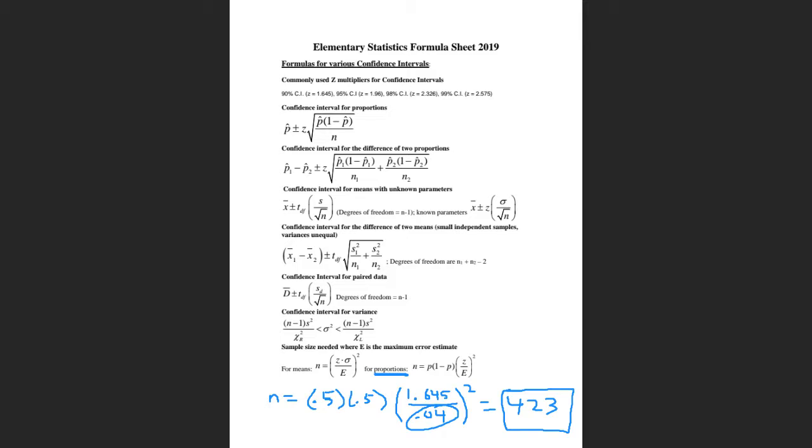If you want to estimate the difference between proportions of men and women who use smartphones, assume that you want 90% confidence that your error is no more than 0.04. Go ahead and type in 423 and see what happens. For both? Yes.